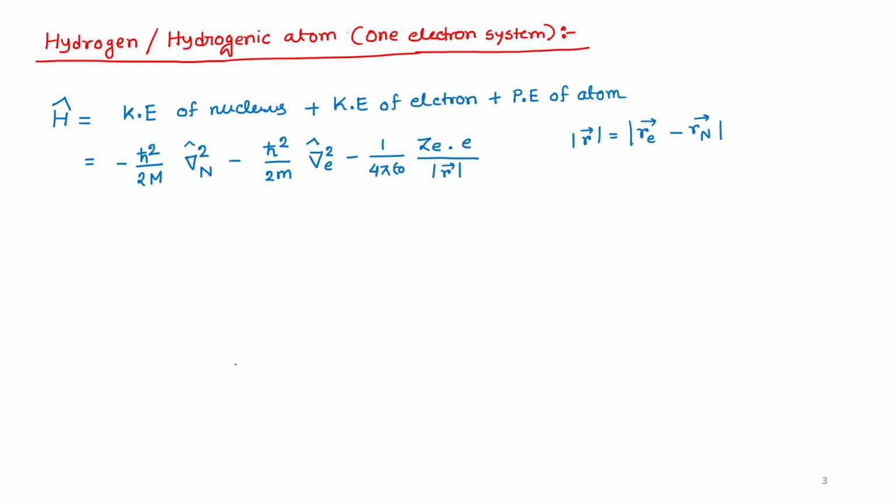Anyway, as you can see, this del n square, if I break it down, consists of del square by del xn square plus del square by del yn square plus del square by del zn square, and similarly the Laplacian of the electron is of a different coordinate, right?